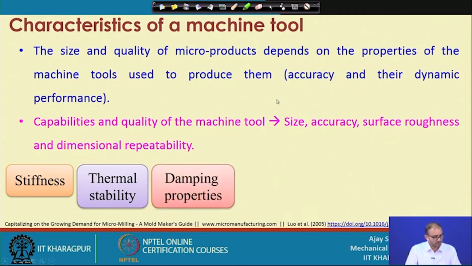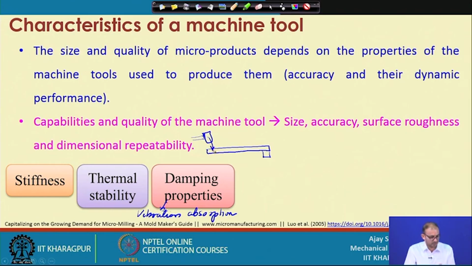Damping properties. Damping property means the capacity of vibration absorption. Suppose you have one table here, let us consider, and here you have a sensor and you are hitting with a hammer at this location.